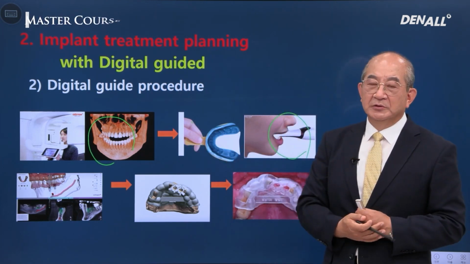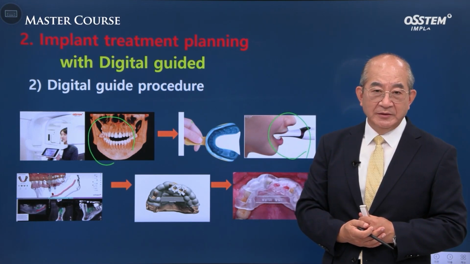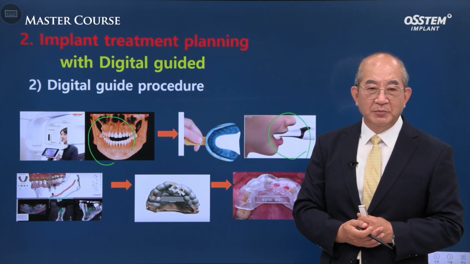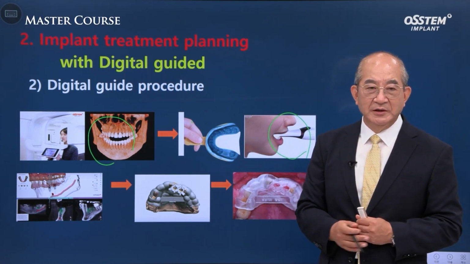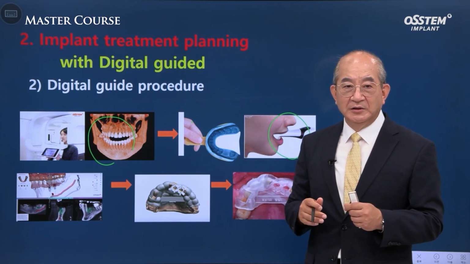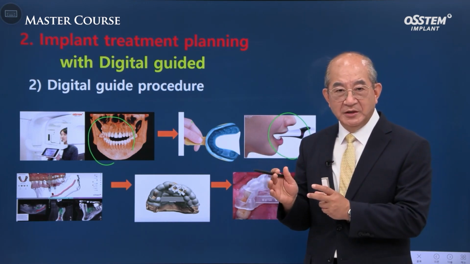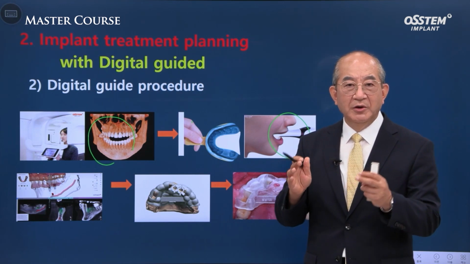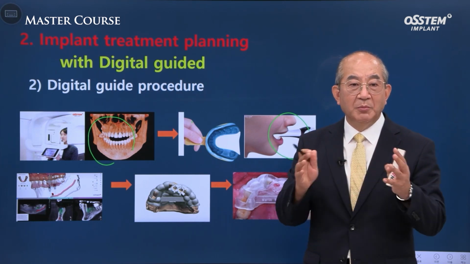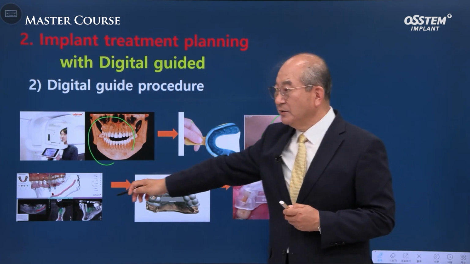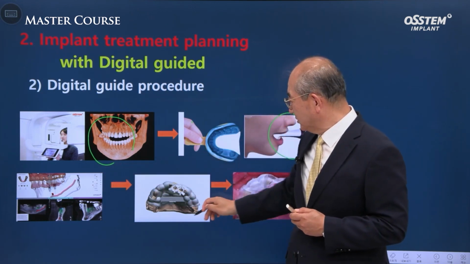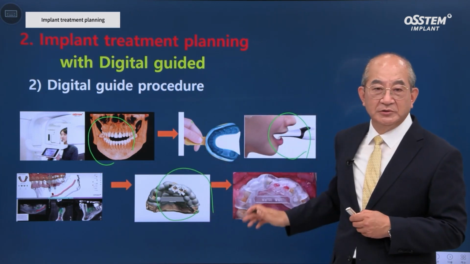By using intraoral scanner, oral cavity is reproduced. By using these two data, CT data and surface data combined, can lead to designing and fabrication of guides, which can then be used for actual implant placement.